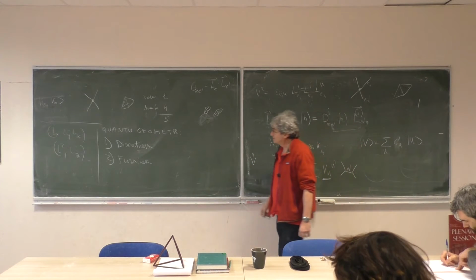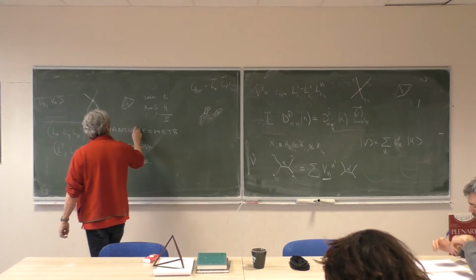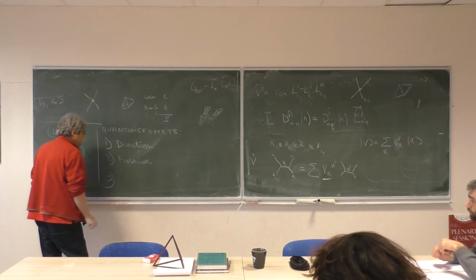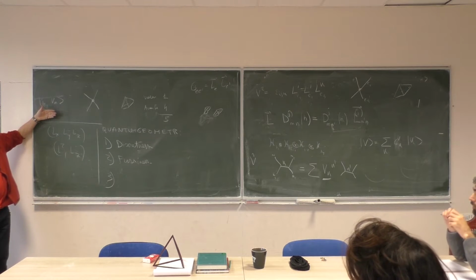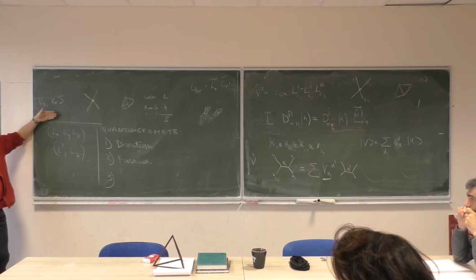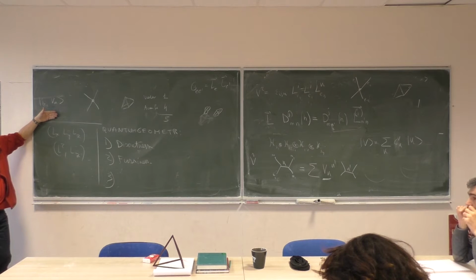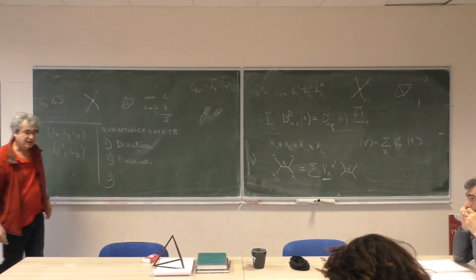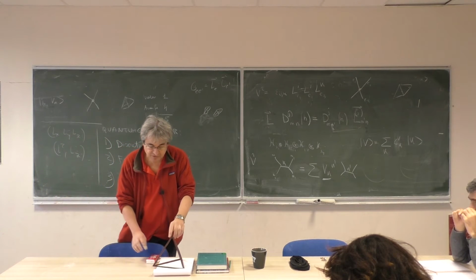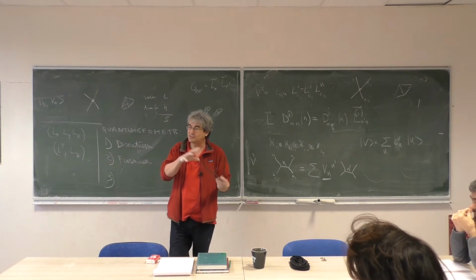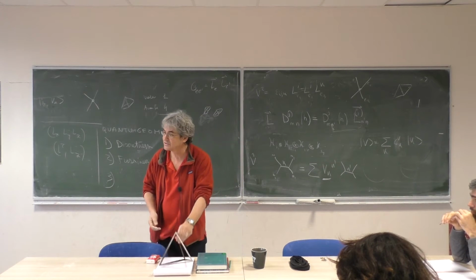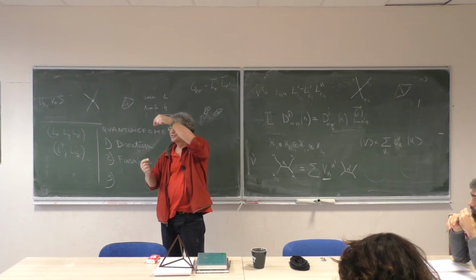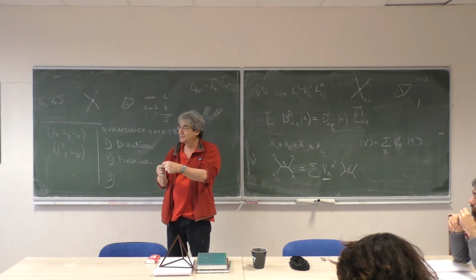There is a third aspect, which is implicit here. The possible states of geometry are arbitrary linear combinations of these. This is a Hilbert space, so it's a linear space. This is the standard linearity of quantum mechanics. A single tetrahedron can have a geometry which is a linear combination of this and something else. Standard thing. I mean, a particle can go through both holes at the same time in a double slit experiment.